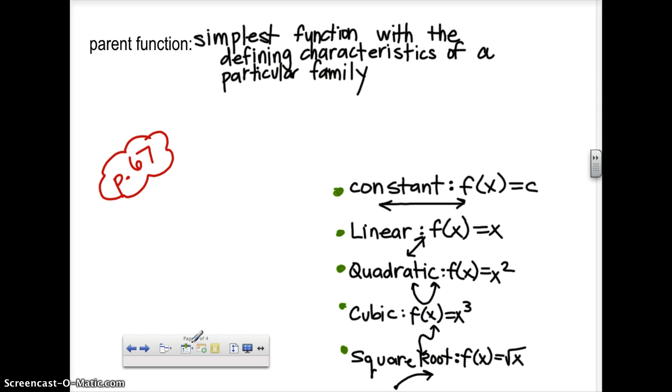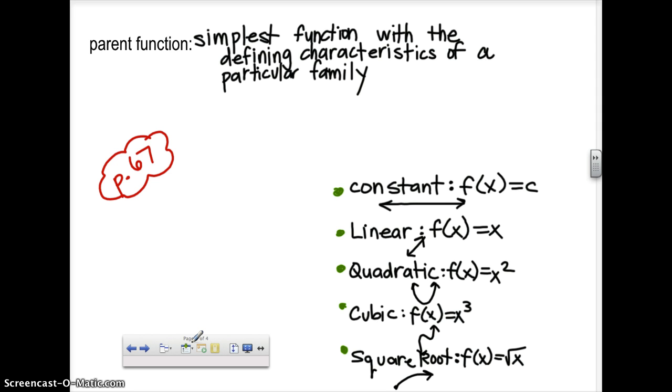Some of the domains and ranges. For a constant, the domain is all reals. The range is just c, just that number. Linear, domain is all reals, range is all reals. Quadratic, domain is all reals, range is y is greater than a particular number. We'll talk about that when we get to quadratics.